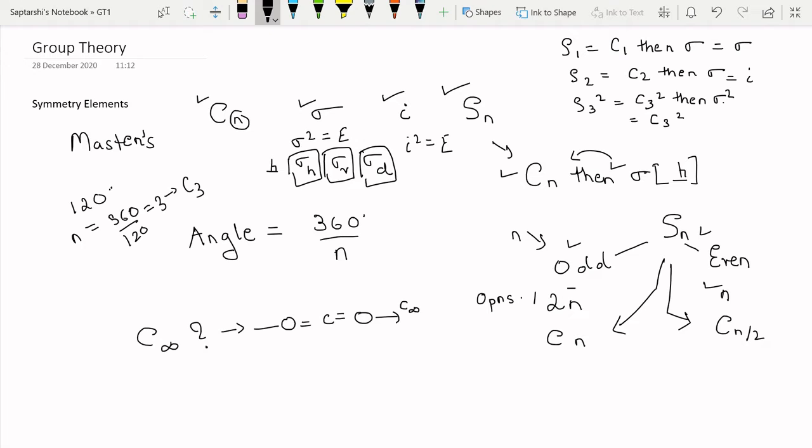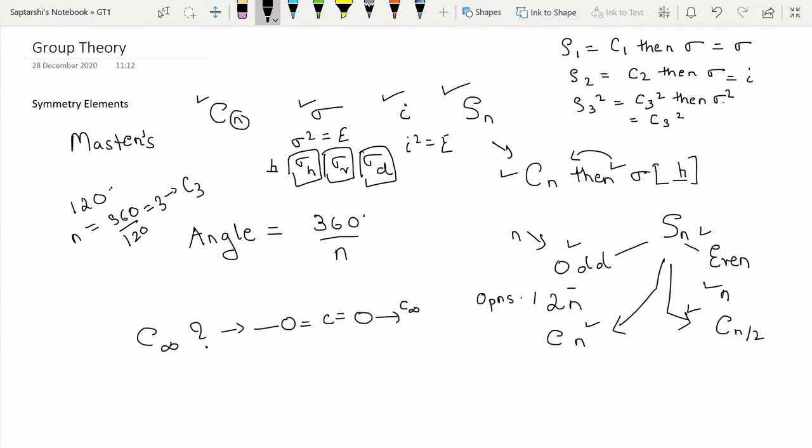Over here, if n is odd, Sn will contain a Cn. But if n is even, Sn will contain a Cn by 2. These are very much asked in exams.